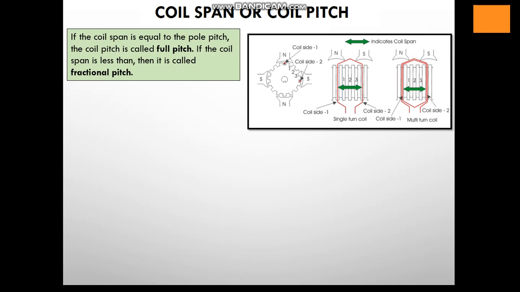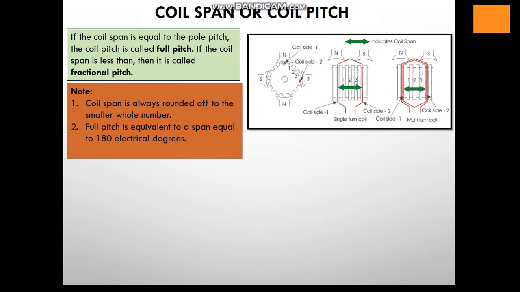So coil side number 1 and coil side number 2 indicate the coil span. How much is the span? There are 3. Note that the coil span is always rounded off to the smaller whole number.